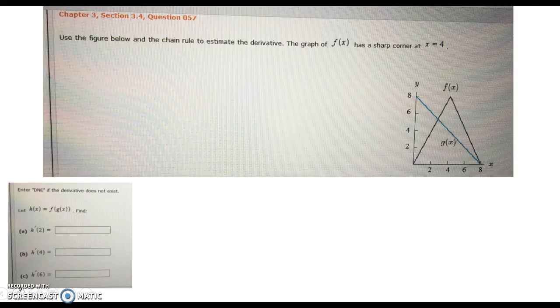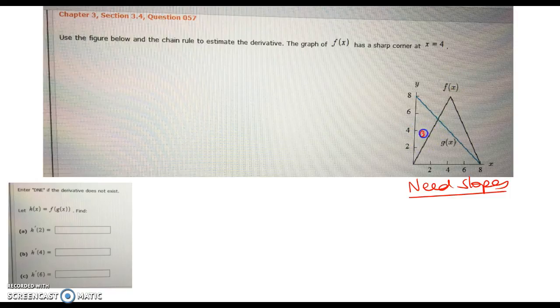Now this is an interesting one. This took a little while for me to figure out. But in order to use any derivatives from this graph, we first need the slopes, right? So we need the slopes of the different parts of the graph.